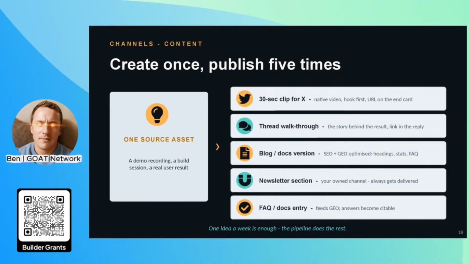From a single one of those assets, you can get a 30-second clip for X. You can get a thread with a walkthrough and the story behind it. You can get a blog post version of it, which you can then optimize for SEO and GEO. And AI is very good at doing this stuff for you. This can also make up a section of your monthly newsletter, for example.